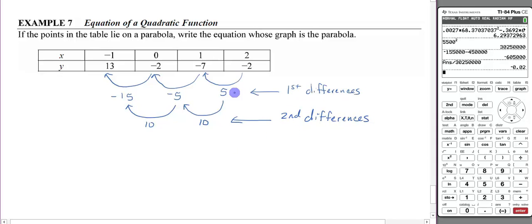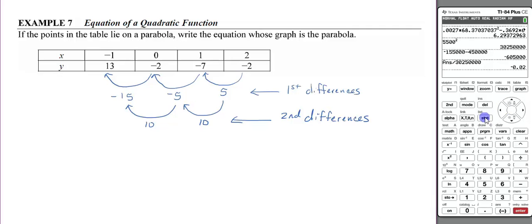If the first differences were constant, and they're not, but if they had been the same number, then this would have been easily modeled with a linear function. But we find when we take the first difference and then take another difference, the second difference, then that number is constant. So when it can be modeled by a quadratic function, that is when your second differences will be constant.